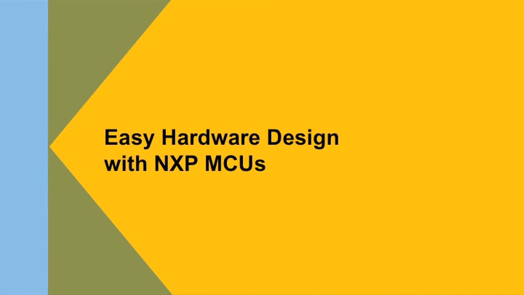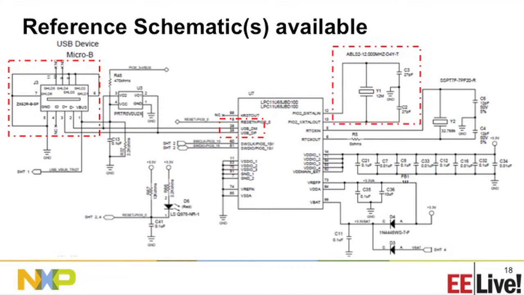Okay, if you're more on the hardware side, here are some considerations for you. One of the first things you want is some reference schematics. On this board, we have this device 11U6x. It's a 100-pin package.